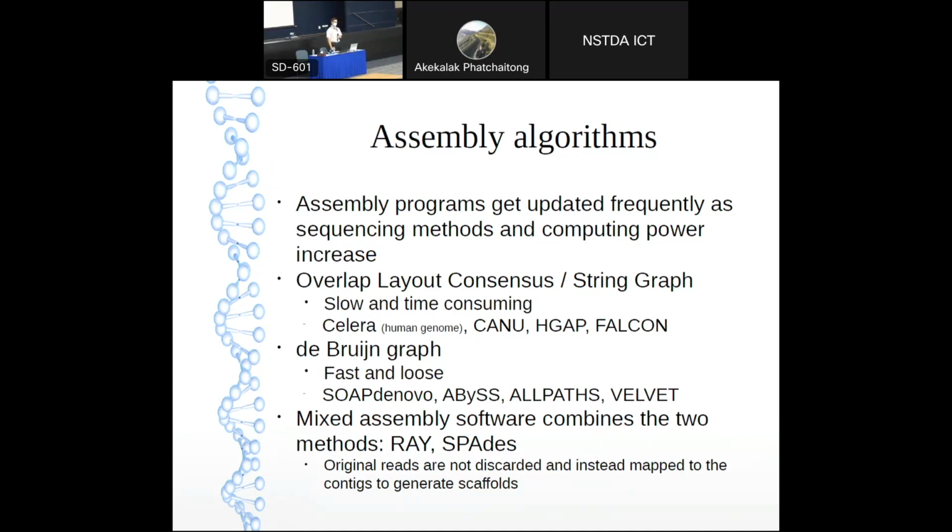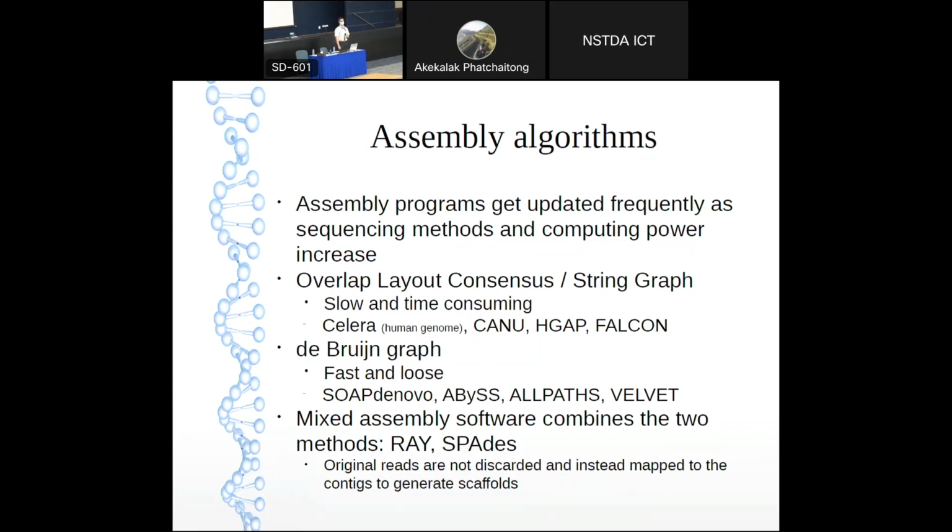So for OLC, we have Celera, which was used for the human genome, and then Canu, HGAP, and Falcon, which are actually derivatives of Celera. De Bruijn graph programs, which are fast and loose, include SOAPdenovo, ABySS, PASHA, and Velvet.